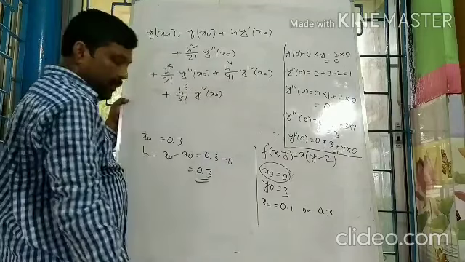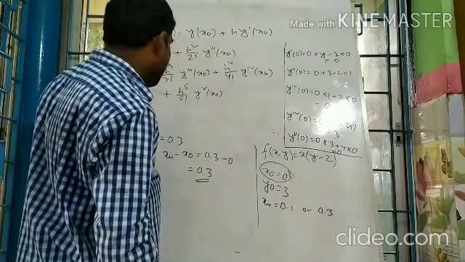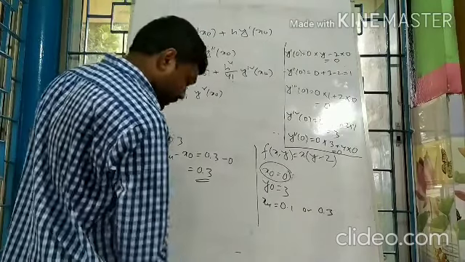We are considering only order of h equals to 5, since h is a very small number.